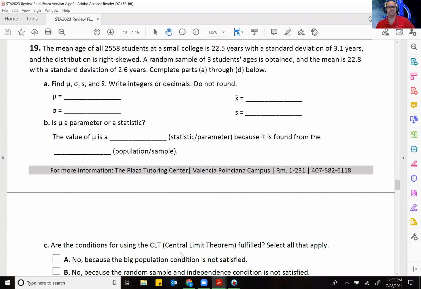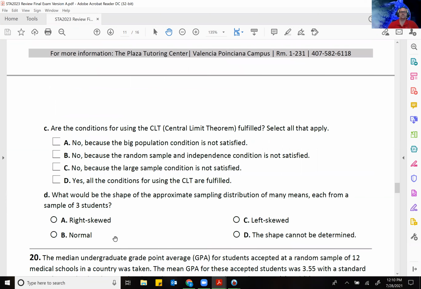I kind of just answered this for us. What is mu? Parameter. Because it is found from the population. You got it. Good work.